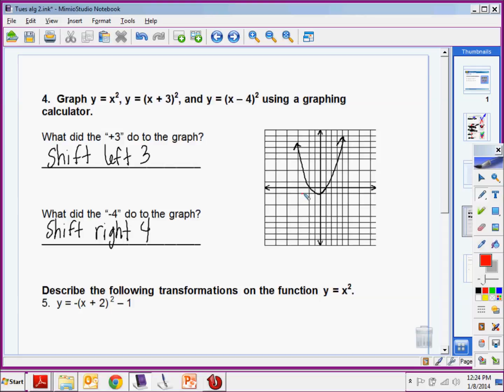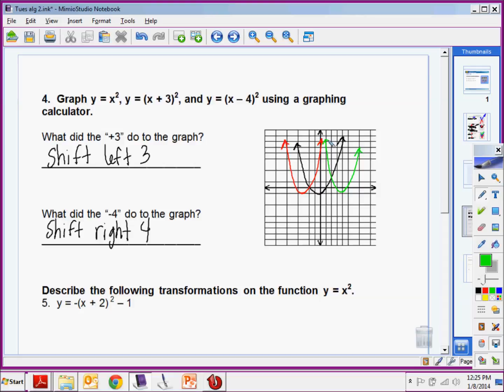Trying to put it under the line, but it's okay, we know what I'm going for. And then we're going to go 4 to the right. And those are my shifts. I think I did pretty decent.